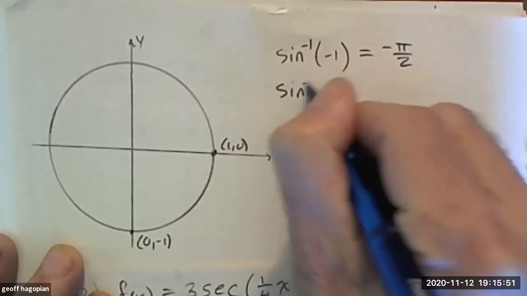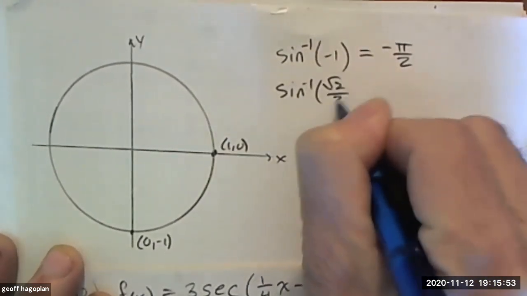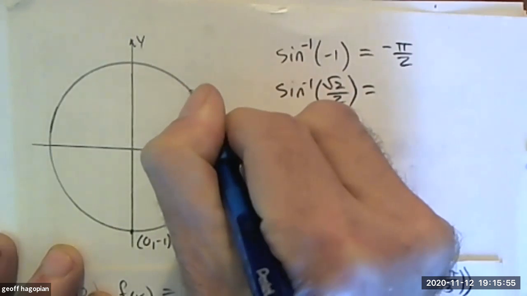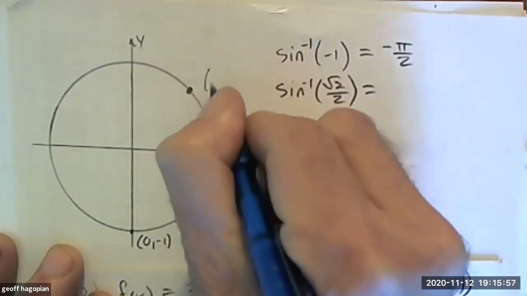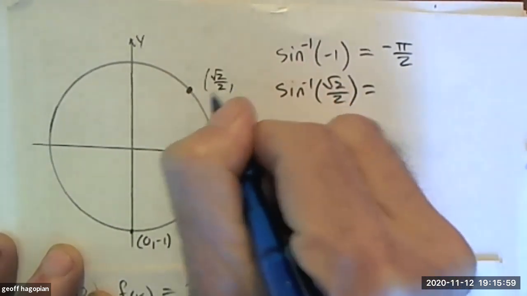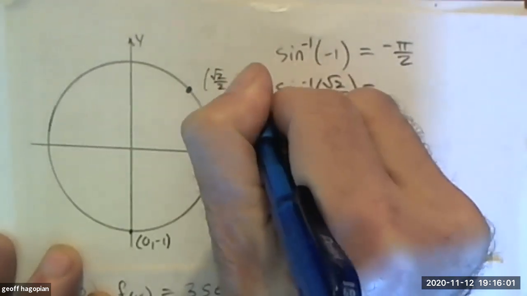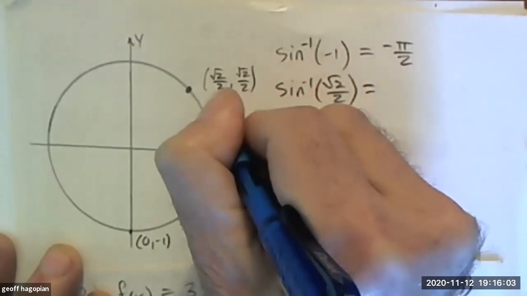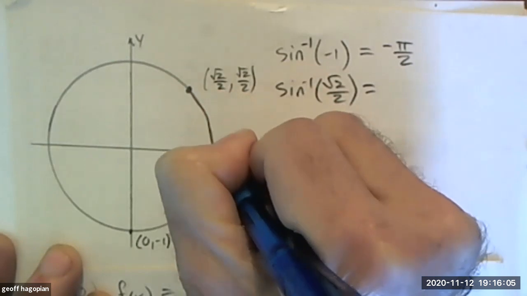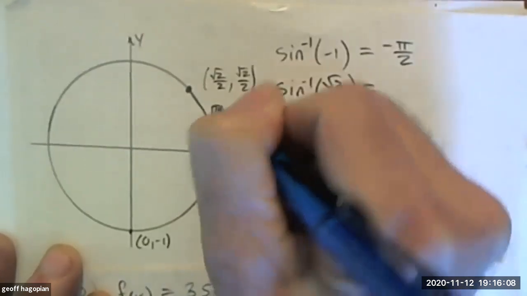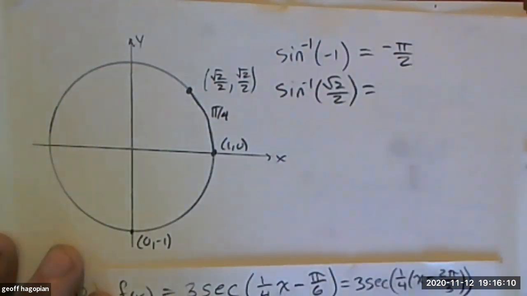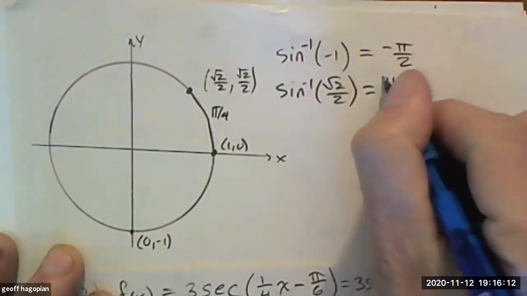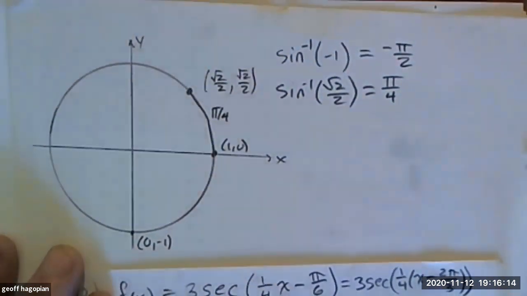What arc on the unit circle will take us to +√2/2? Well, that's here, and this arc here is pi/4. So this is pi/4. We got a bunch of these.